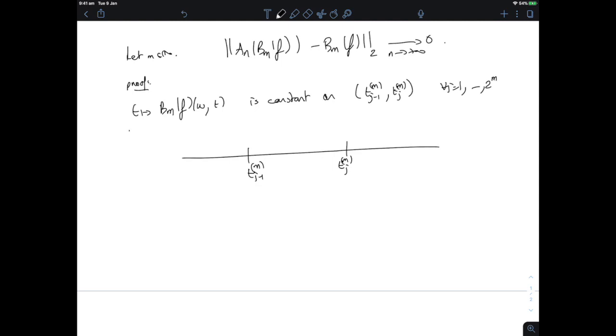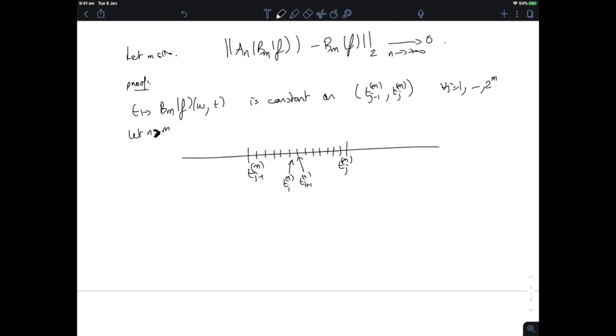And now if you take n greater than m, let's say strictly greater, the idea is that we're going to send n to infinity, then this interval of size 2 to the minus m times capital T can be further subdivided into intervals of side lengths 2 to the minus n times capital T, right? So you're going to have your typical t_i^n to t_{i+1}^n here, right?